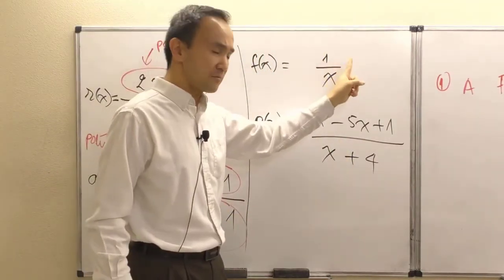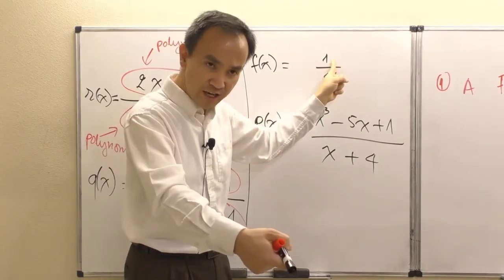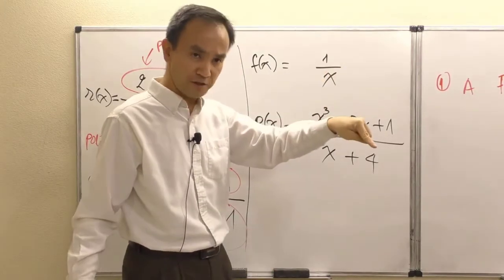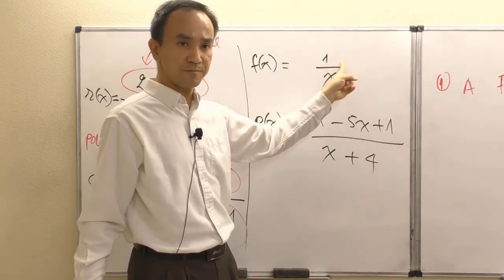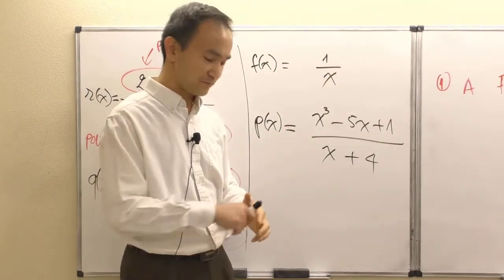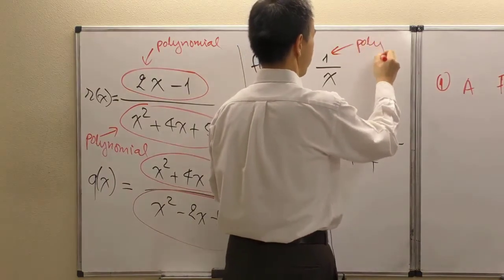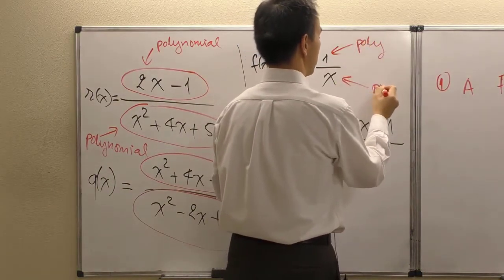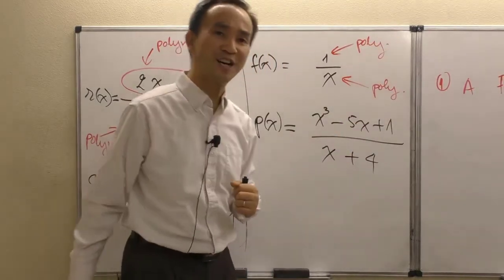But in the end, it's a constant one, and constant function is classified as a polynomial. So it's a polynomial over a polynomial. For short, I'll just call it a poly, a shorthand writing of mine to save time.